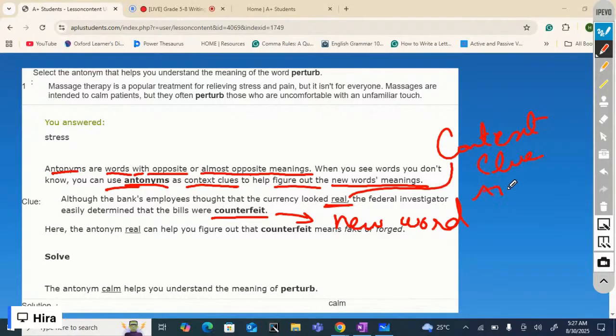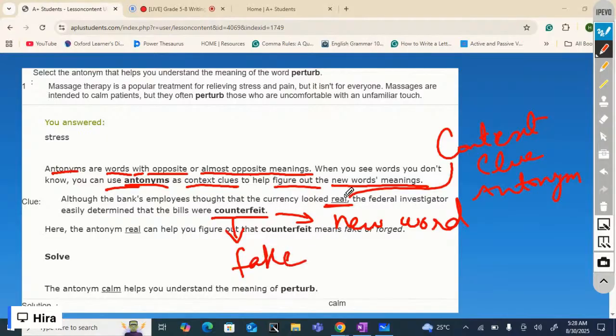It's an antonym because real and the investigator tells us that something is not true, fake. So he determined that the bills were counterfeit. It seems that it means fake, not real.